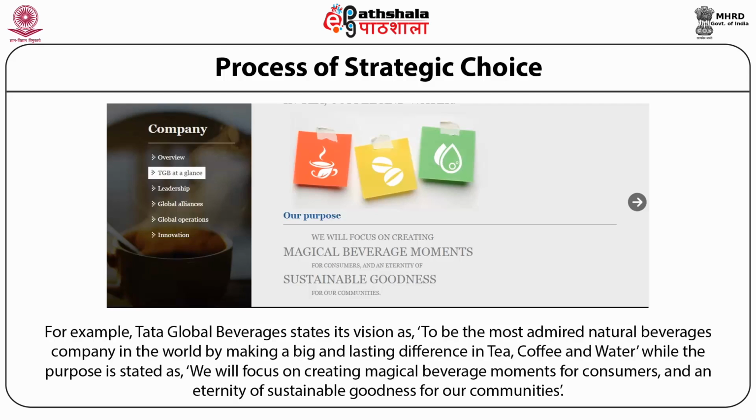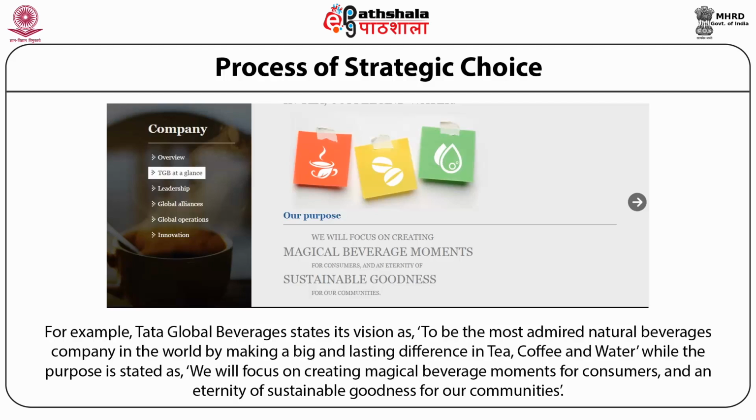Further, taking a closer look at the intent, the key is to build the company as an admired global company in natural beverages, for which it has chosen the strategy that focuses on building unique competitiveness, differentiated offerings, appealing brands, and significant scale in the three natural beverage categories of tea, coffee, and water.